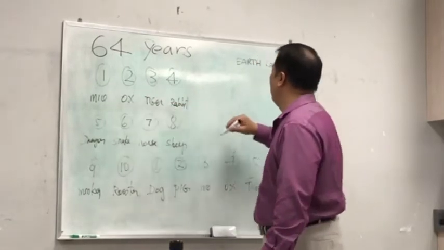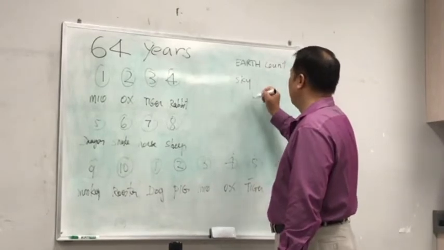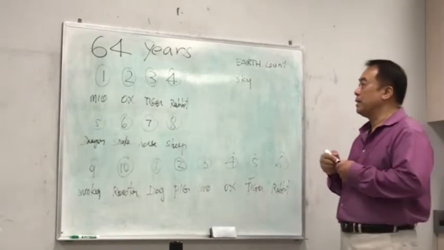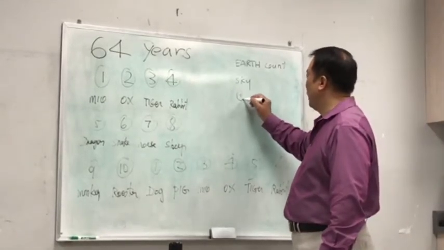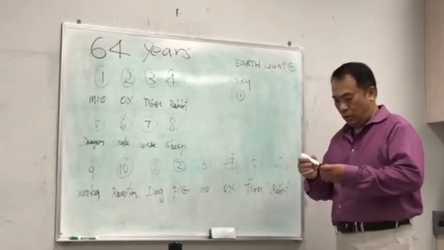And the 1, 2, 3 is called the sky. And also the sky in Chinese we call positive. And the earth we represent as negative.